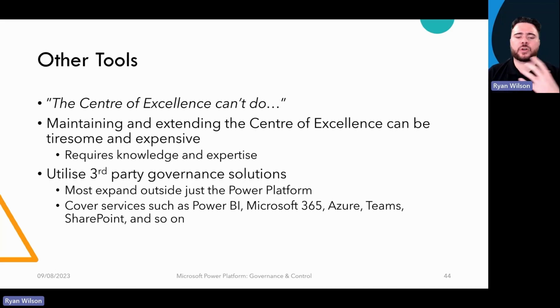And this is where organizations typically begin to look at utilizing third-party governance solutions. These third-party governance solutions also expand outside Power Platform. There are many out there. At the conference we were just at last week, there were 3 or 4 governance solutions out there, so there's not just one. And they do cover most Microsoft services.